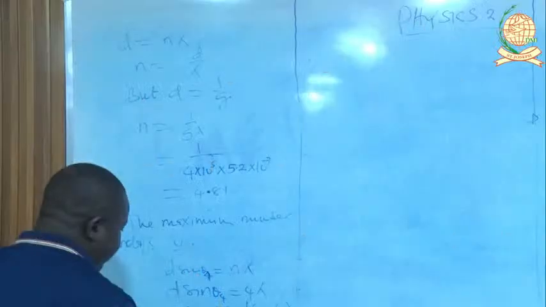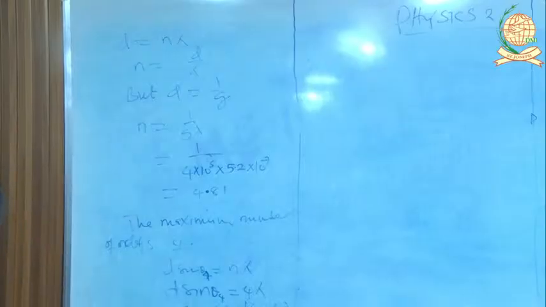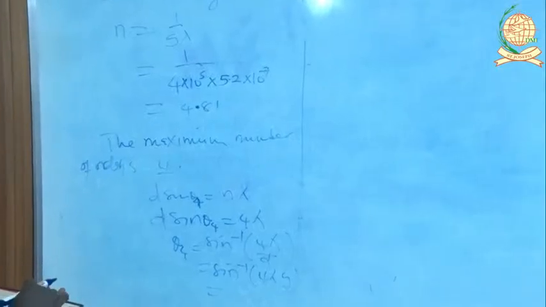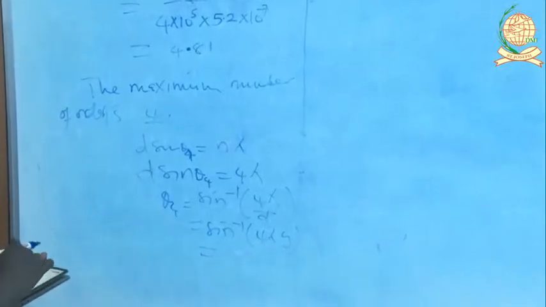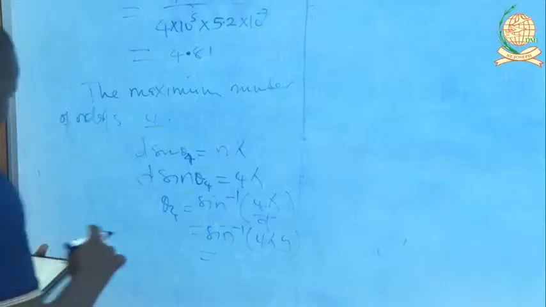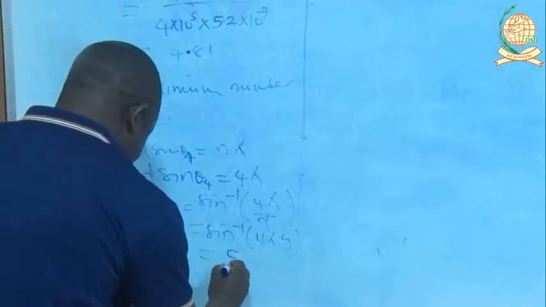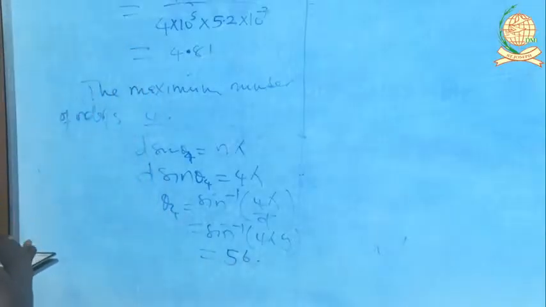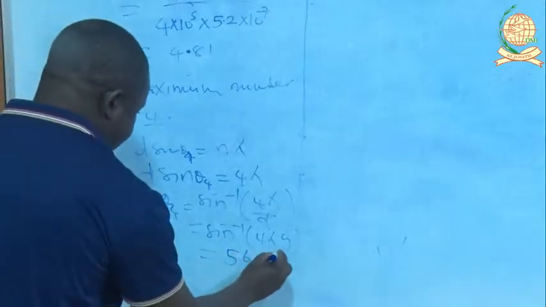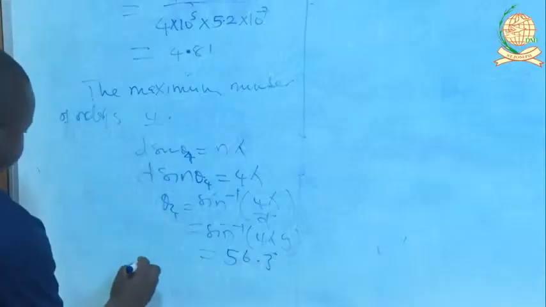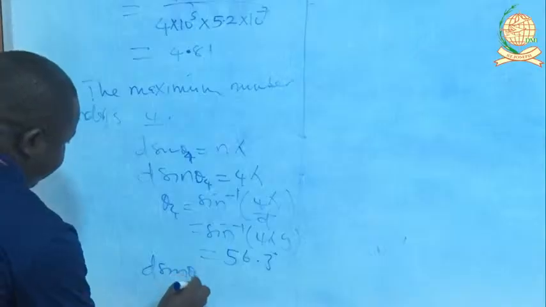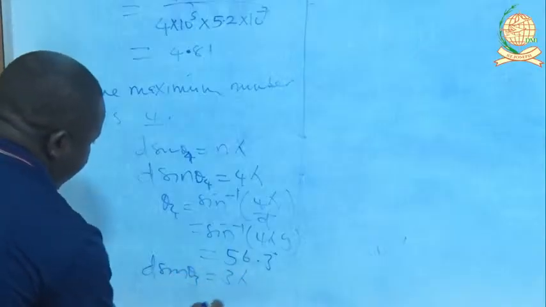So you get the first angle, on my calculations, I'm not sure, 56.3 degrees. Then you repeat for the third order, d sine theta 3 equals 3 lambda.